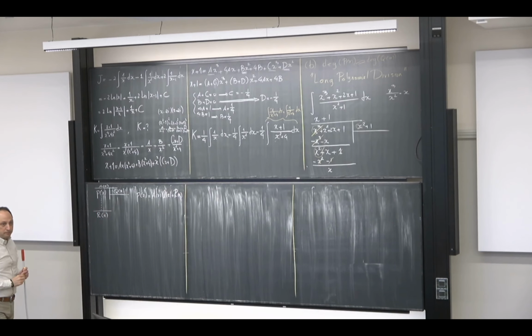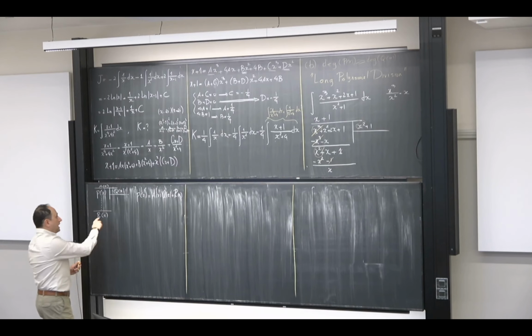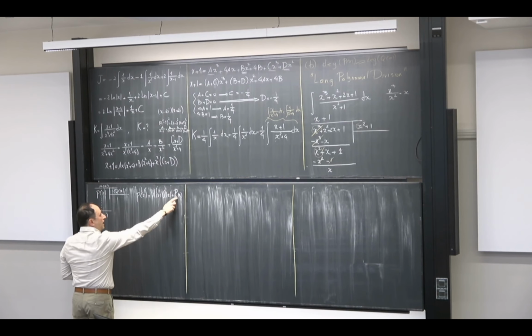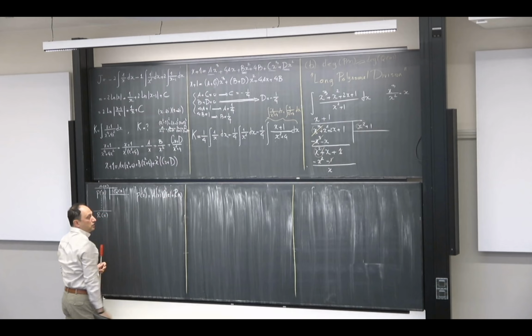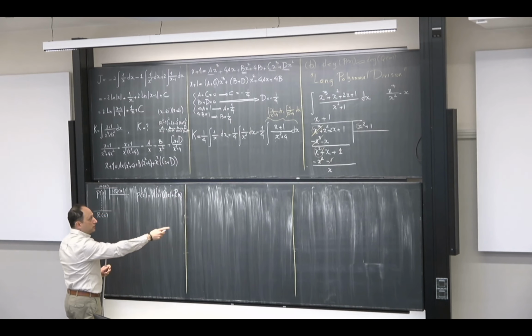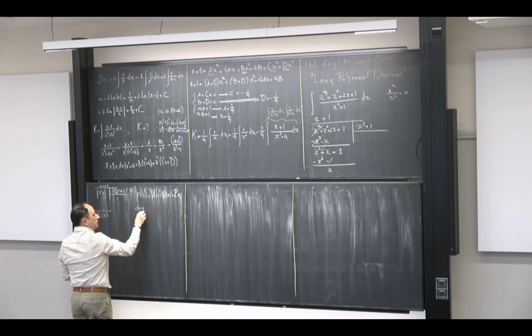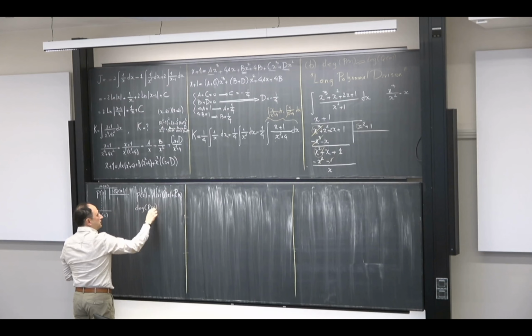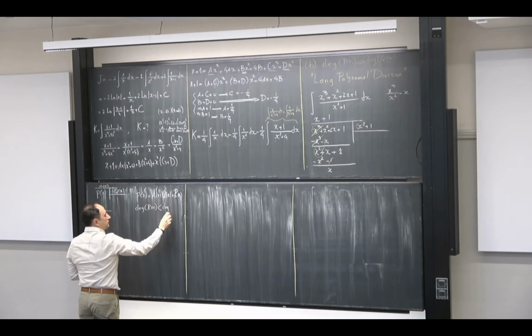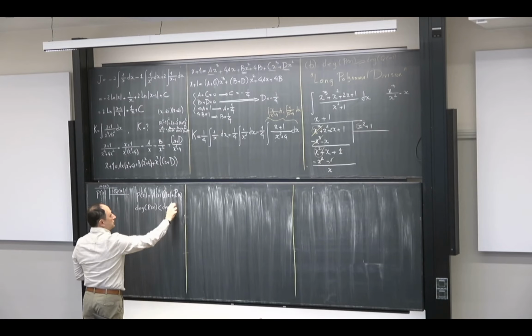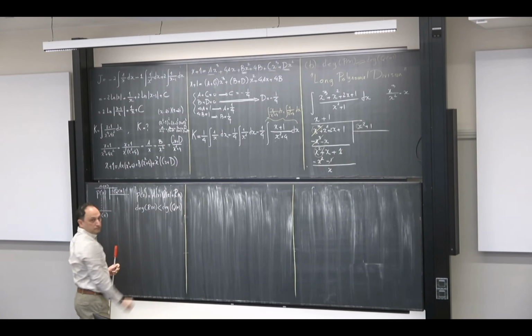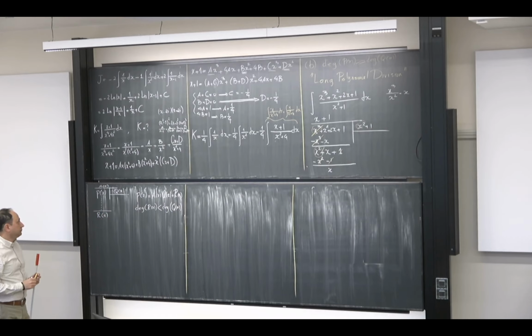Okay? And now, how are the degree of R and degree of Q related? According to what I told you, you do not stop until the degree of R is less than the degree of Q. Shouldn't it be P of x equals A of x plus R of x over Q of x?